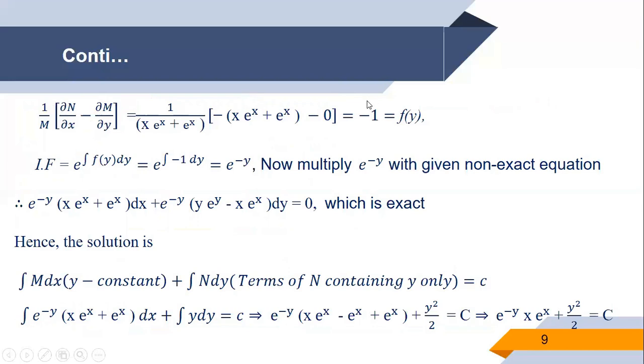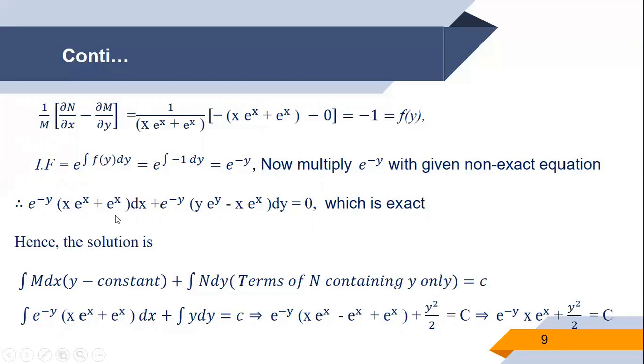So −1 we consider f(y). So the integrating factor is e raised to integration f(y) dy, so e raised to integration of −1 dy, therefore e raised to −y. So e⁻ʸ is the integrating factor for the given equation, one of the integrating factors. So now we multiply e⁻ʸ with the given non-exact equation. Then we get this equation which is exact.